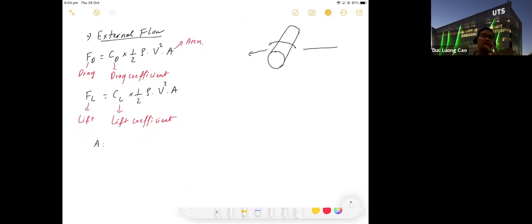In this case, we have two kinds of area: the frontal area and the planform area.